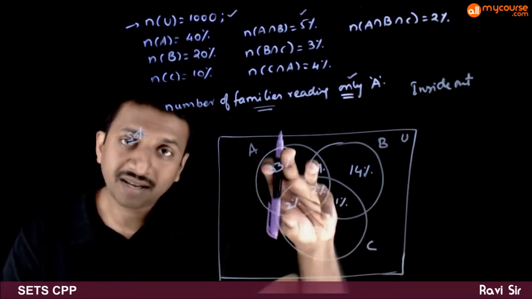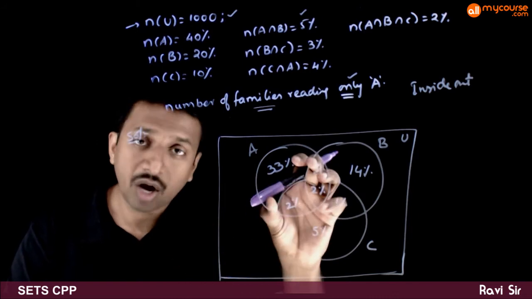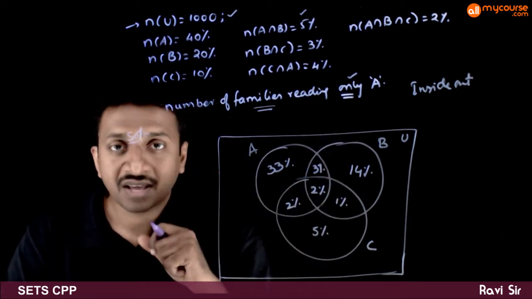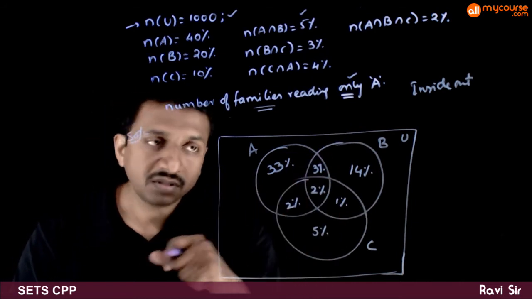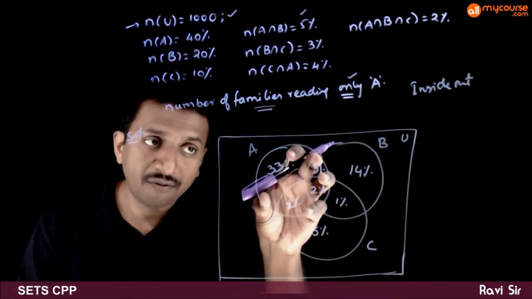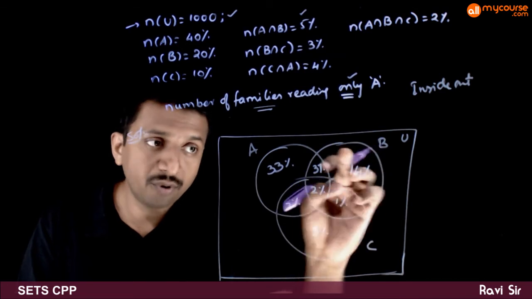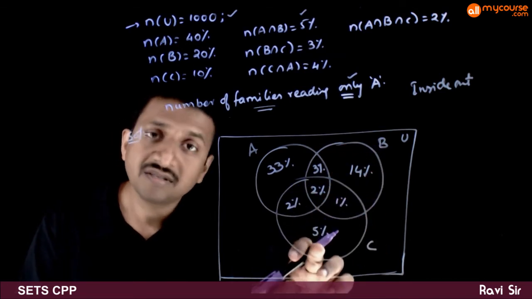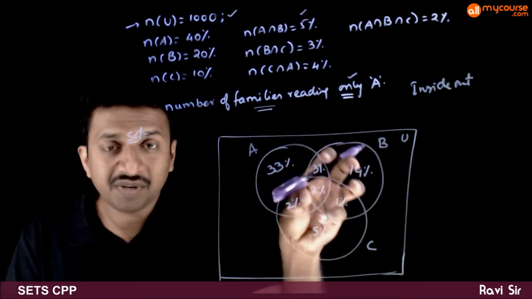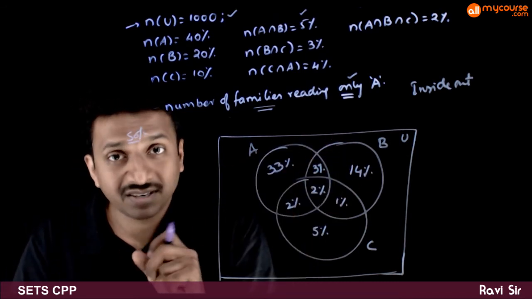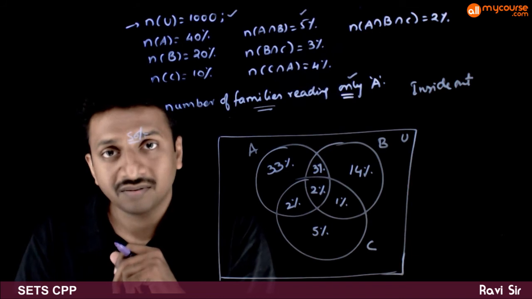So if you look at A, B and C, how much total percentage has been covered by A or B or C? You can just look at this. You have 40% here, 54, 55, 60. That is, combinedly A, B, C papers cover 60% of the population.